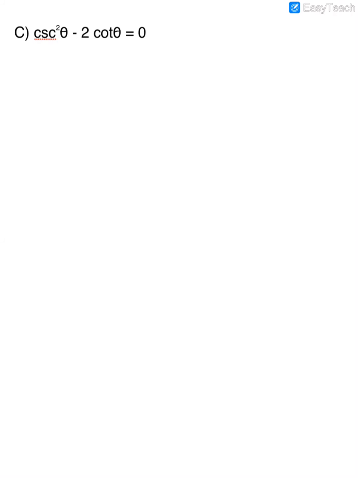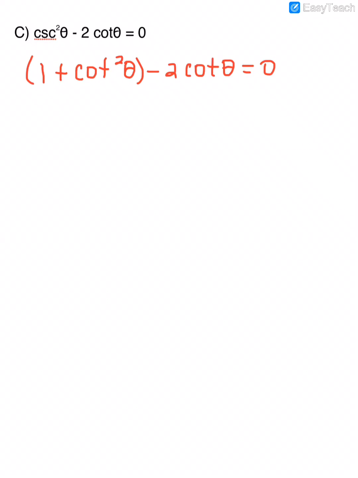So I'm going to replace cosecant squared theta with that based on the identity. So I'm replacing cosecant squared theta with 1 plus cotangent squared theta, minus 2 cotangent of theta equals 0.